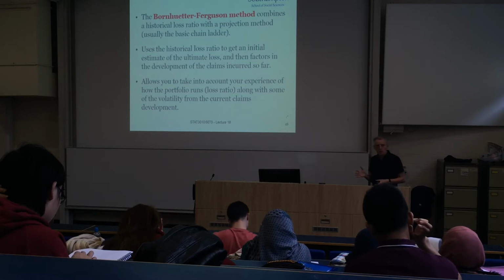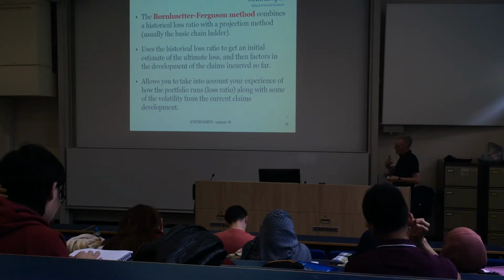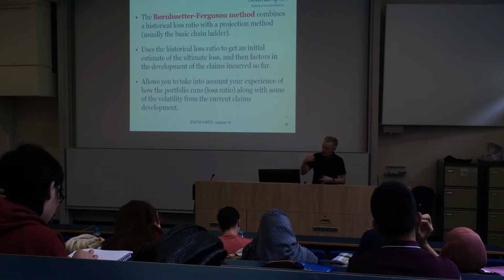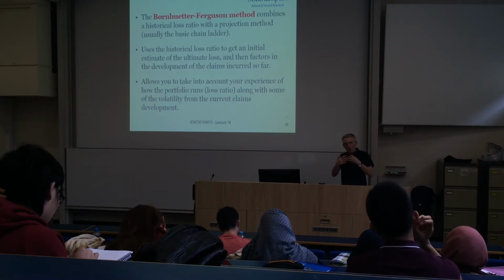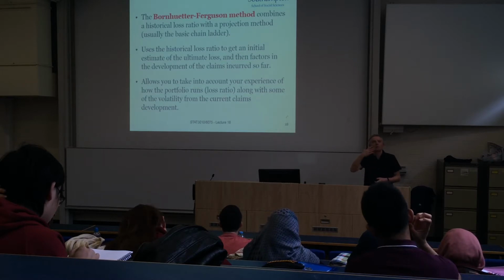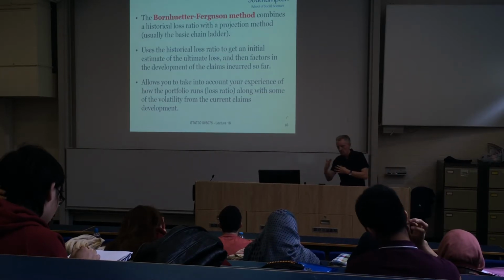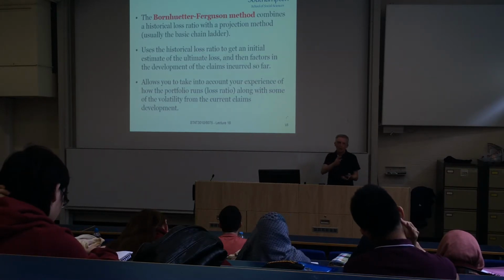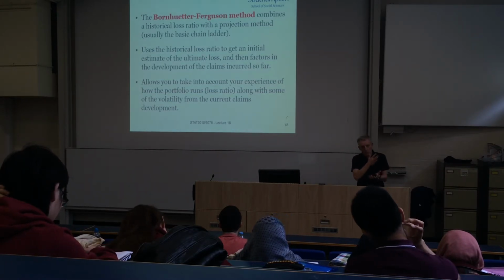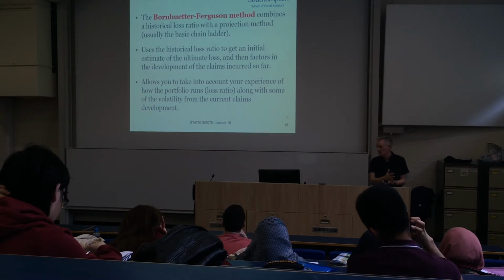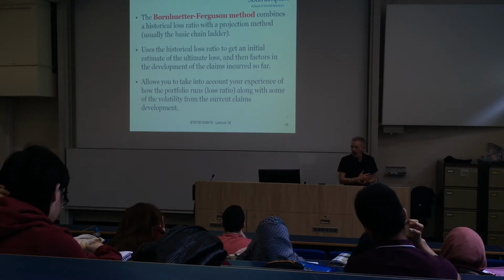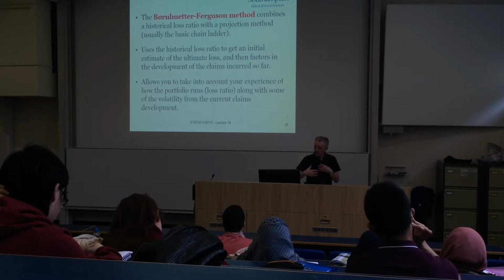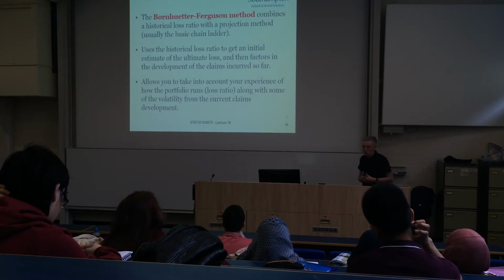And then what you do is you factor in these development ratios, because you know for your current data how claims have developed up to a certain extent. So it's almost a combination of the original simple chain ladder method for predicting into the future, and also this idea of using the historical loss ratio to get an initial estimate.